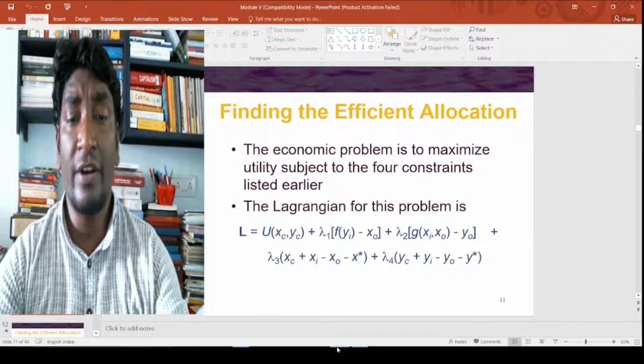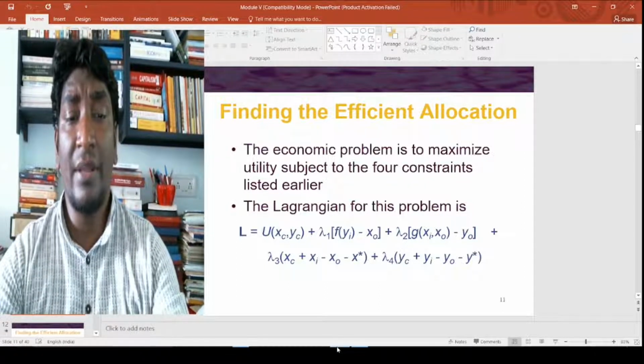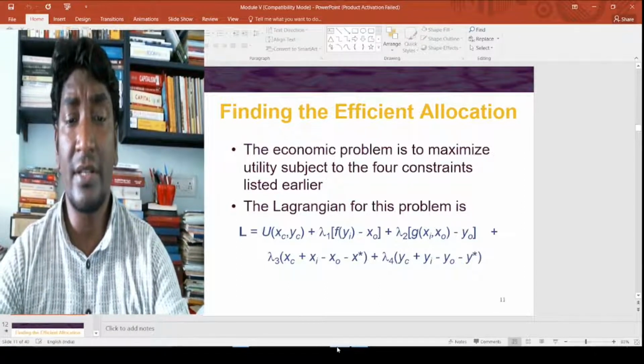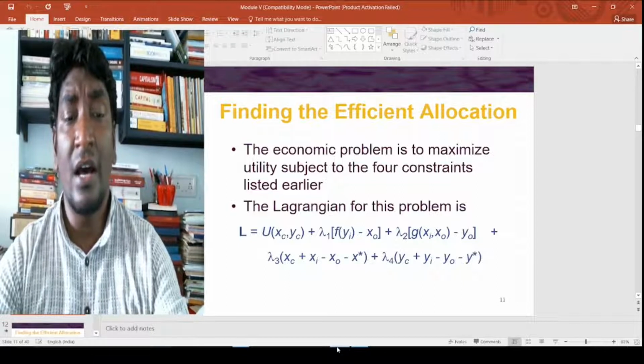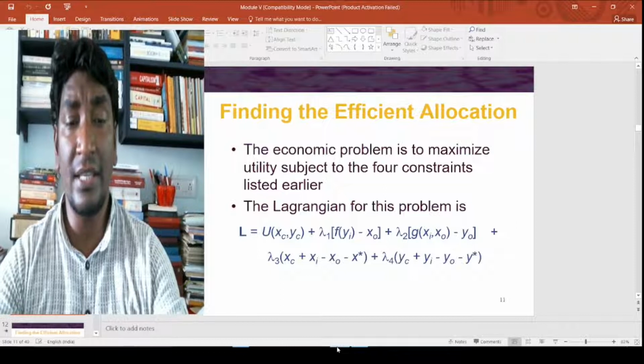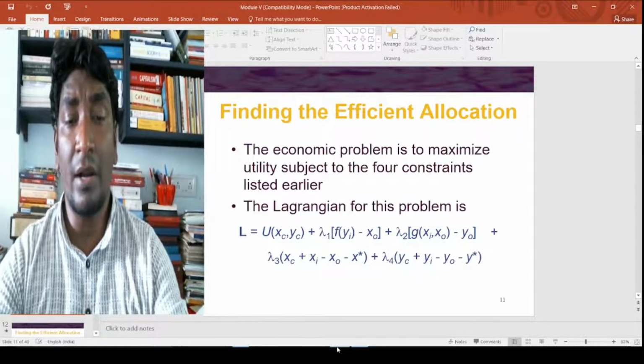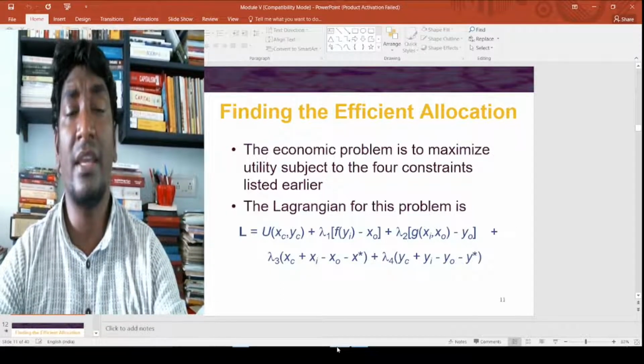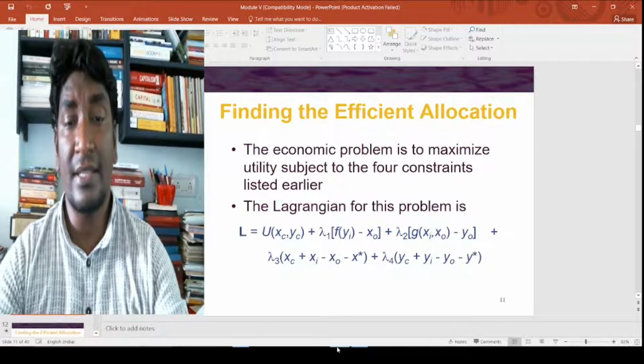When you have a Lagrangian application, the whole equation turns out to be U of XC and YC, plus lambda 1 times F of YI minus XI, X0.